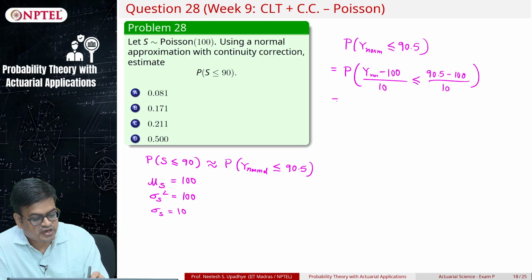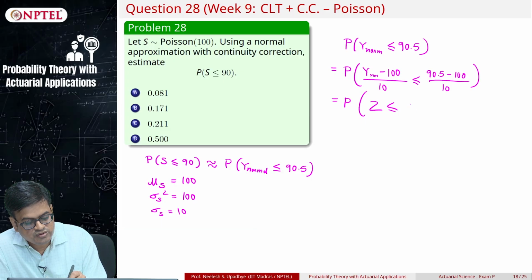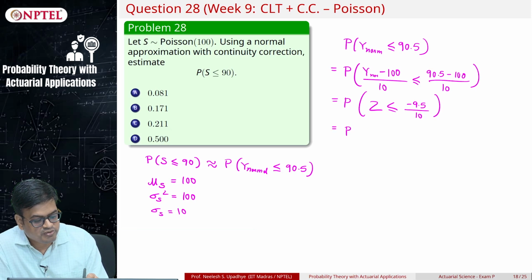That effectively gives me probability of standard normal Z less than or equal to minus 9.5 upon 10, which effectively means probability of Z less than or equal to 0.95 with a negative sign.